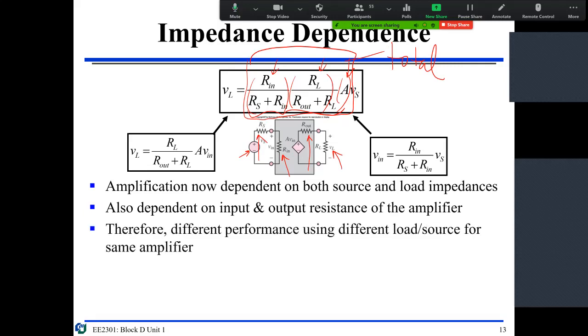So you get different performance using different load and source for the same amplifier. Hopefully this is not true; that would be nice.